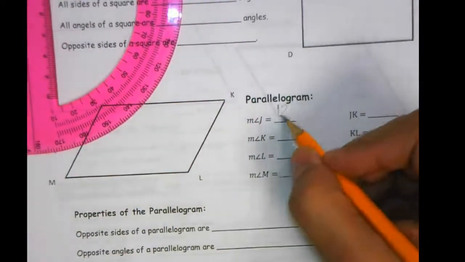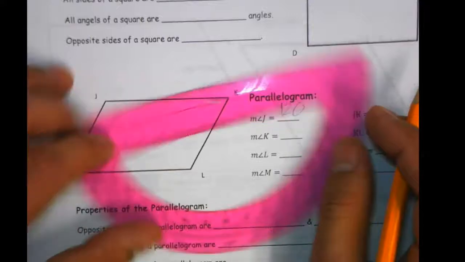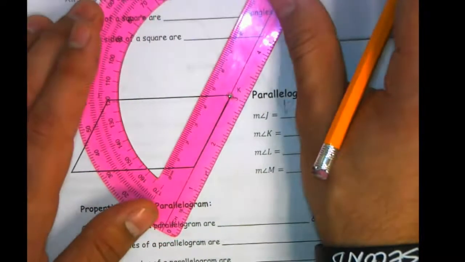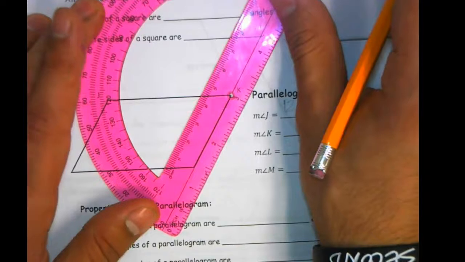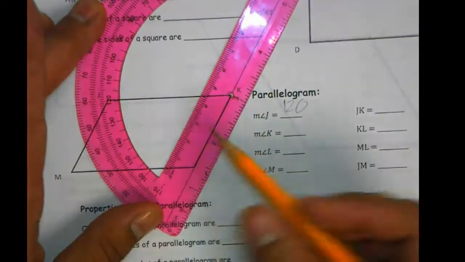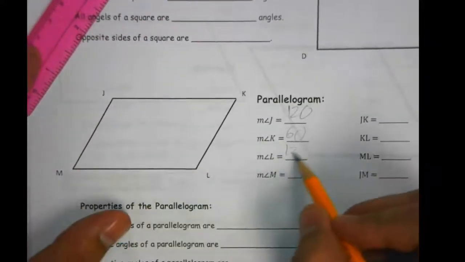So 120, and then angle K, if I were to measure, I'll go this way, angle K, it's going to be not 120 since it's acute, it's going to be 60, okay? And then spoiler alert, L and M will be 120 and 60.